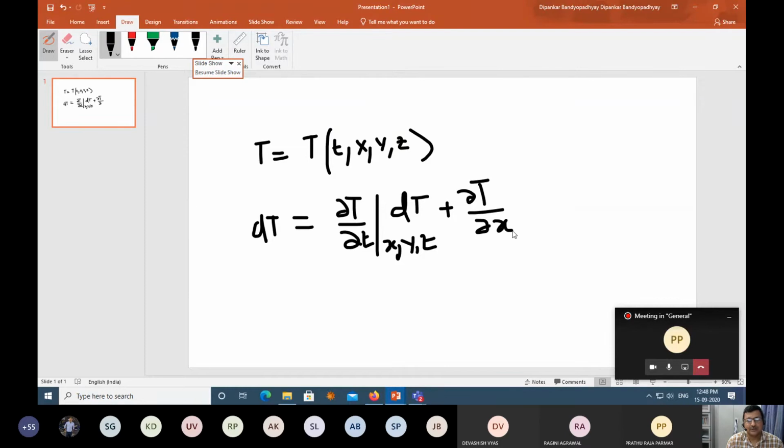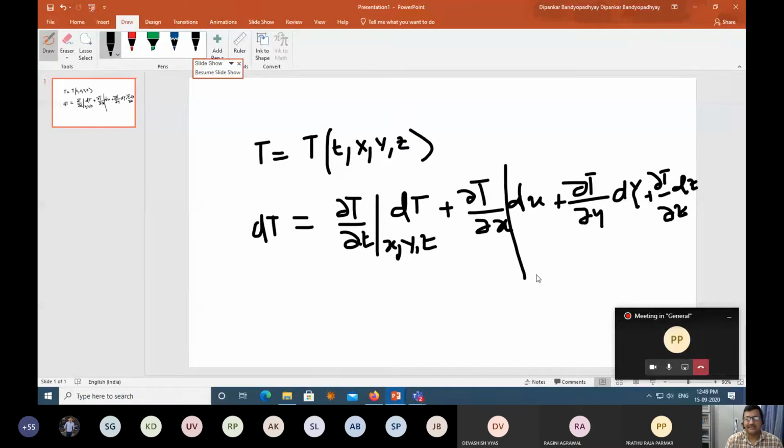I don't write what is constant, you can understand here t, y, z are constant. Then I write del T by del y dy, and then the last one, del T by del z dz. This is the total change of temperature.